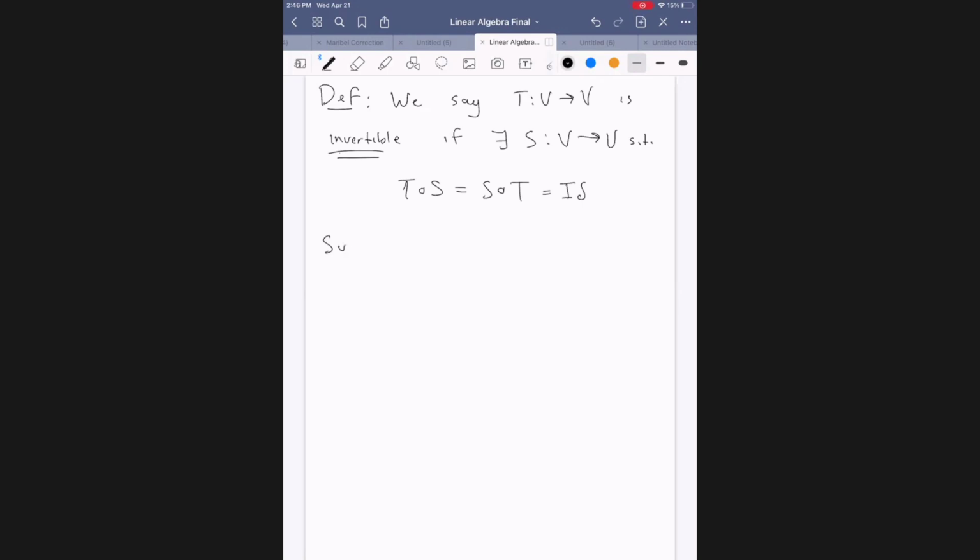So suppose that we have two vector spaces, V and W, with basis B equal to V1 all the way to Vn.